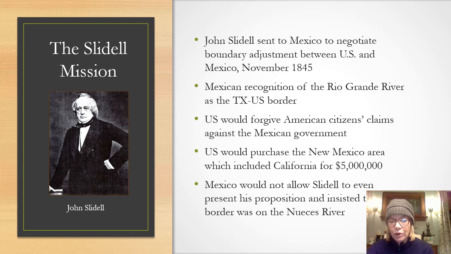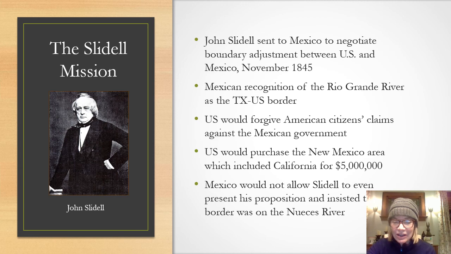He wanted to propose that any claims that Americans had against the Mexican government for damages or anything like that would be assumed by the United States government. The government would pay Mexico $5 million for California and New Mexico. And by saying New Mexico, that meant Arizona and New Mexico. So Arizona, New Mexico, and California for $5 million.